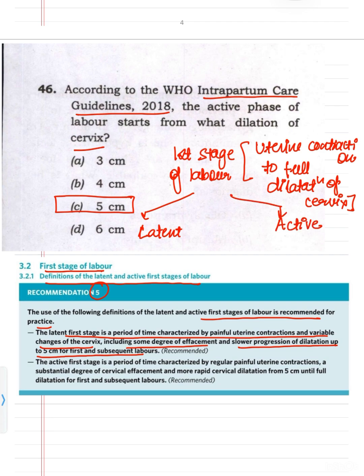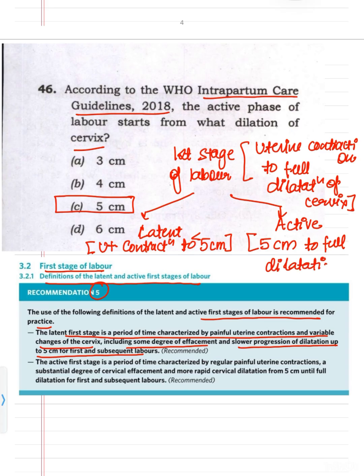The latent stage is from the uterine contraction to cervical dilatation up to 5 cm. And whenever 5 cm cervical dilatation is achieved, it is the active stage. So less than 5 cm is the latent phase, and from 5 cm to full dilatation will be the active stage of labor.